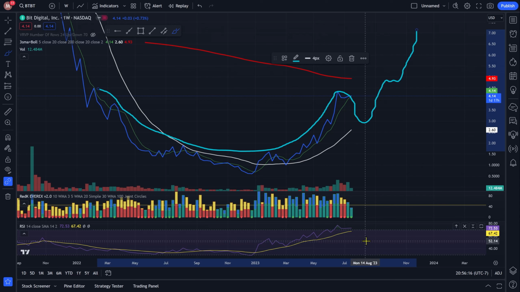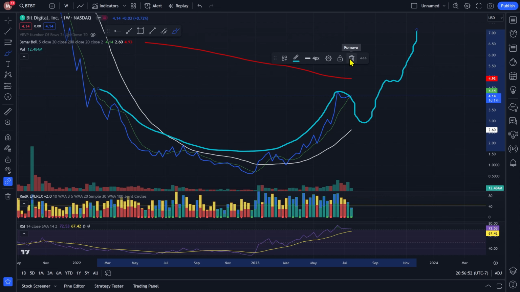As long as that RSI stays above 50, we should still be bullish and we could see this cup and handle form. That's what I'm looking at right now with BTBT. So potentially a sizable pullback followed by a big impulsive move upward, assuming we stay above the 20-week moving average on that move.